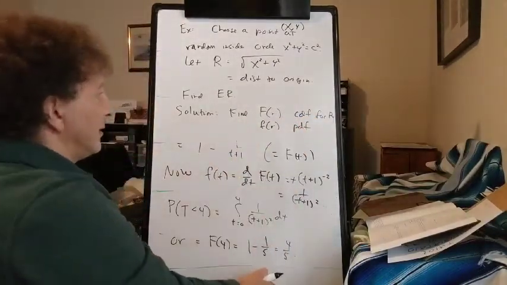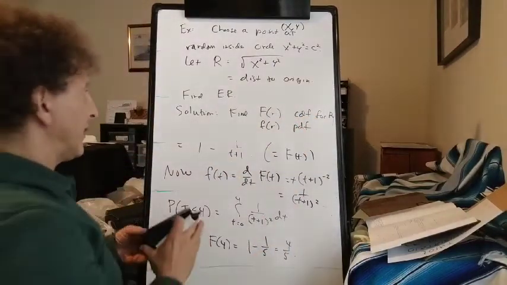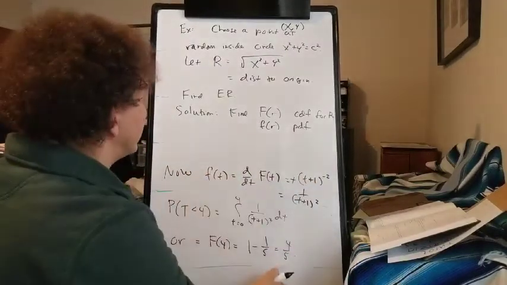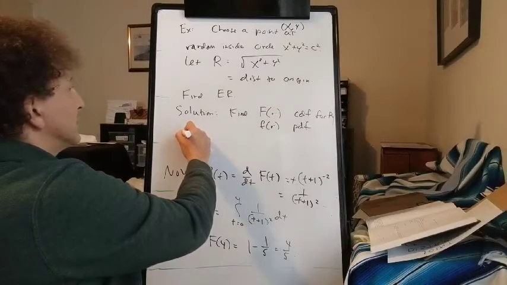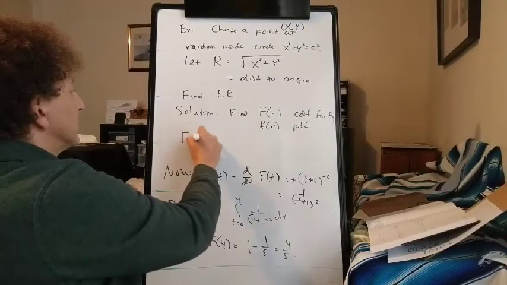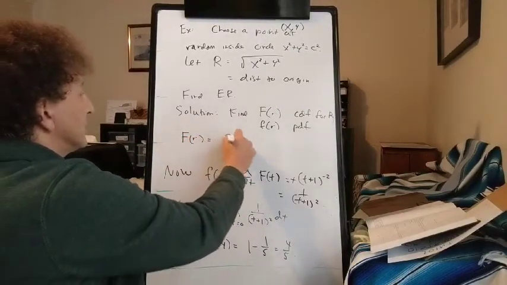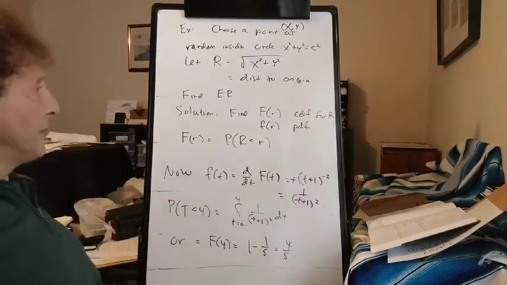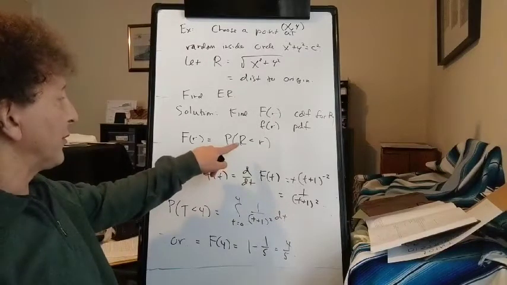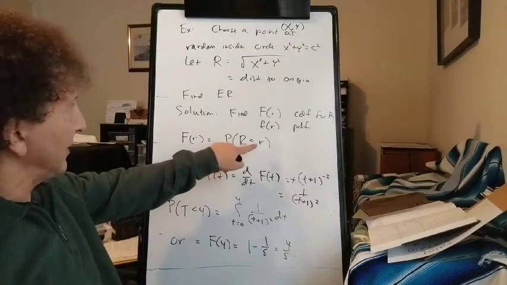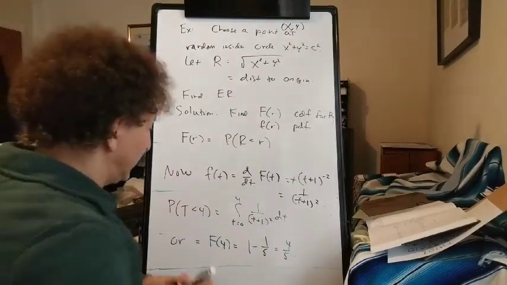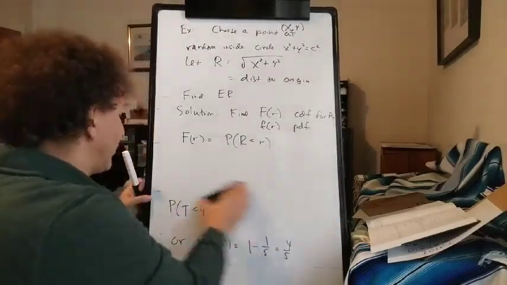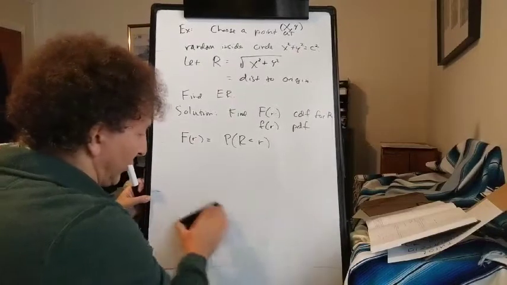And then we can use that, multiply it by r, and integrate to get the expected value. So the cumulative distribution function is the probability that this random variable r is less than some value little r. We don't need any integrals to do this because we can just draw a picture.